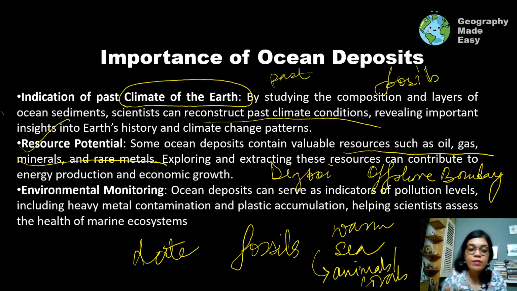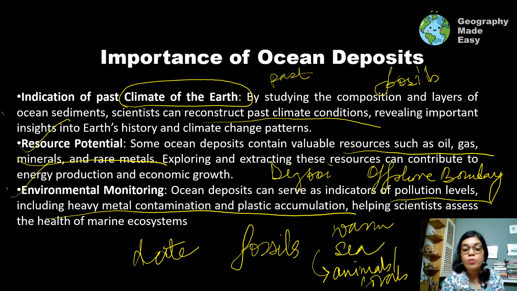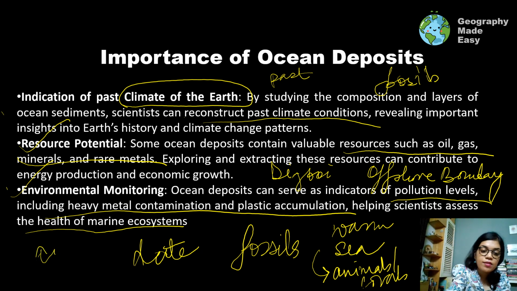Finally, we have the environmental monitoring. So, climate change and environmental monitoring is something important which ocean deposits show us. It serves as an indicator of pollution levels, heavy metal contamination, plastic accumulation, and to judge the health of marine ecosystems, especially if we have the sea becoming acidic, we see the death or the bleaching of corals.